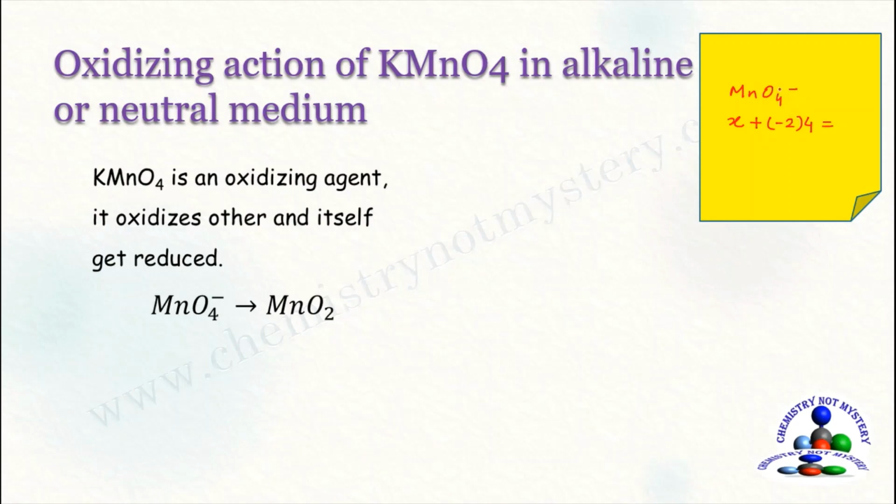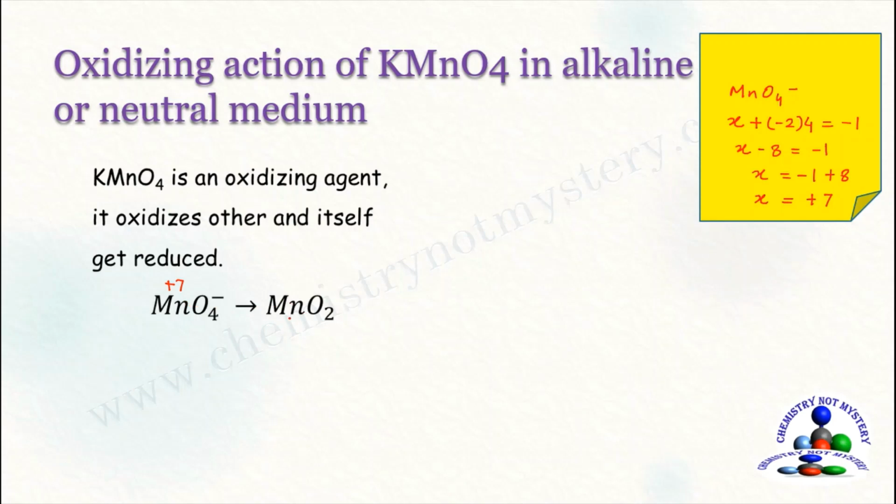Here, on the molecule -1 charge is there. Now solve the equation. X minus 8 is equal to -1. So X will be equal to -1 plus 8. Here you will get X equal to +7. So the oxidation number of Mn in MnO4 negative will be +7.